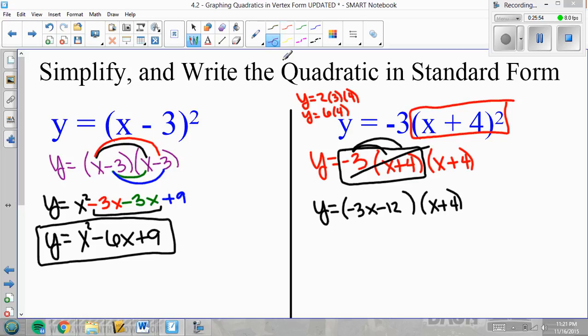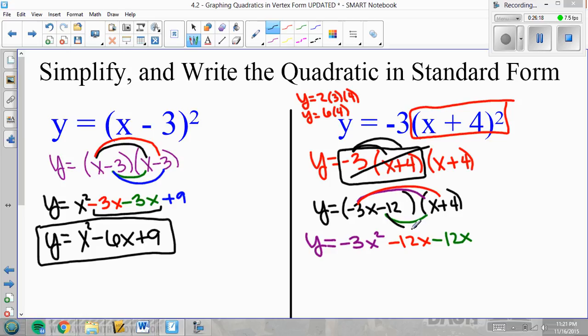Okay, so if I would distribute, I have negative 3x times x. So I have negative 3x squared. Negative 3x times 4, so minus 12x. Then I'm going to take negative 12 times x, minus 12x.